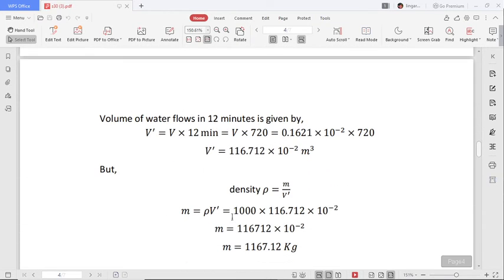After knowing this, the water that flows in 12 minutes is given by V prime is equal to V into 720, that is 0.1621 into power minus 2 into 720. So V prime is equal to 116.712 into the power of minus 2 meter cube.